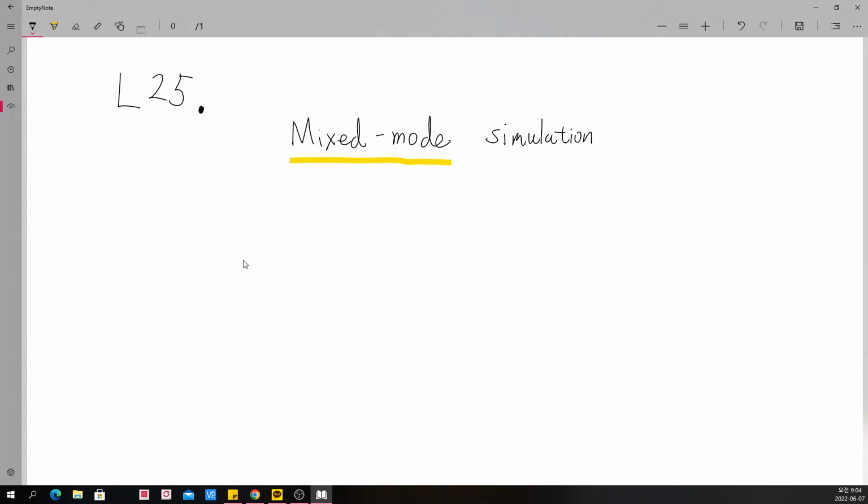However, in reality, the device is not there alone.